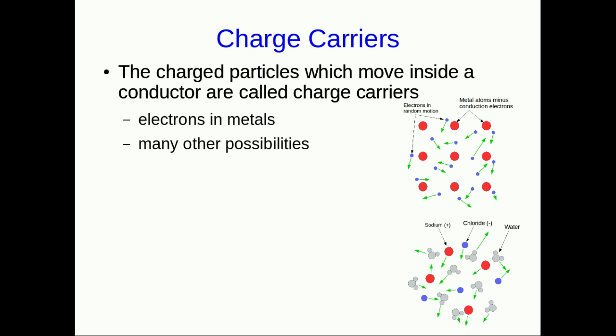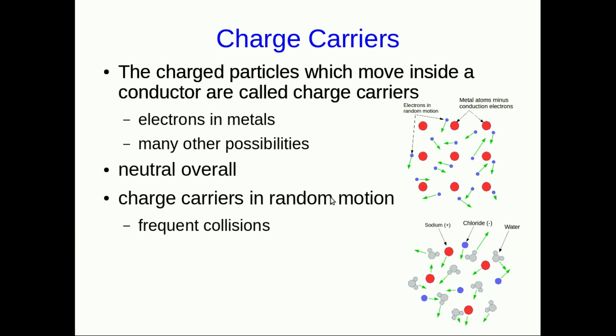If you have an ionic solution, such as salt in water, then both the sodium and the chloride ions are charged and can move around, and this movement will result in current. Note that the material remains neutral overall. A current running doesn't cause the material to become charged.